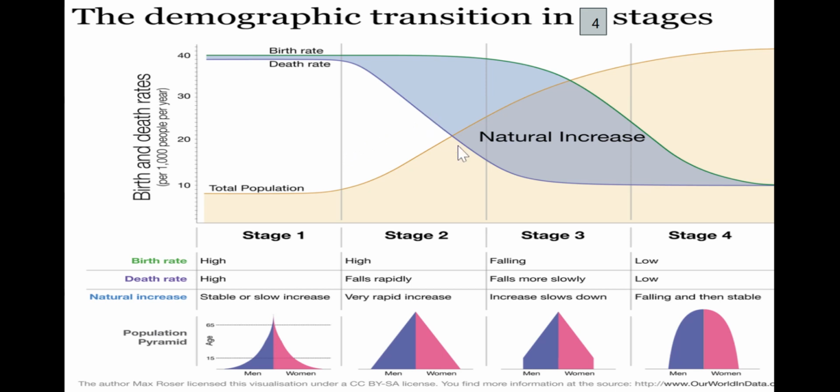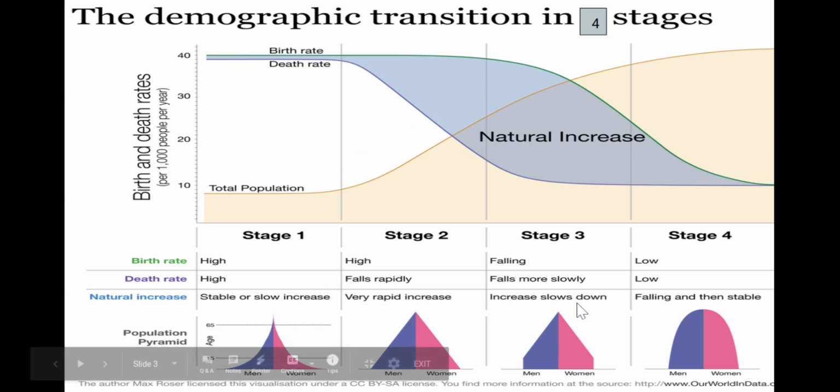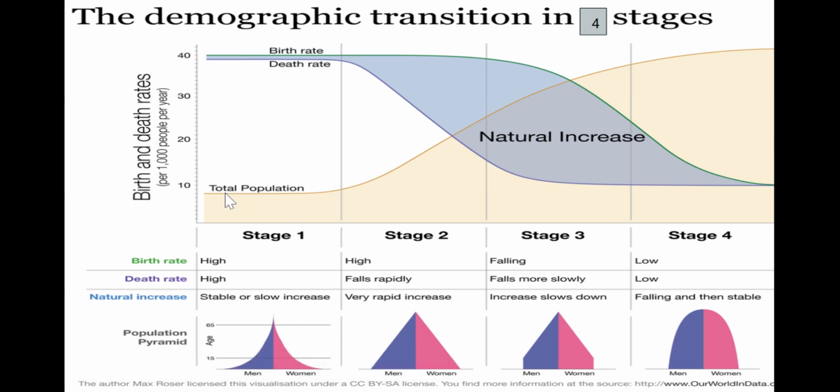So you can see a little bit about what's happening within each individual stage. We'll talk about that later. And one thing you'll notice as it goes through the entire transition, total population within the country will rise significantly. So let's get into it and let's talk about individual stages.